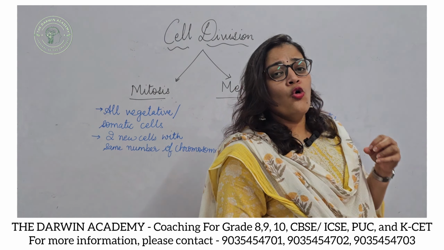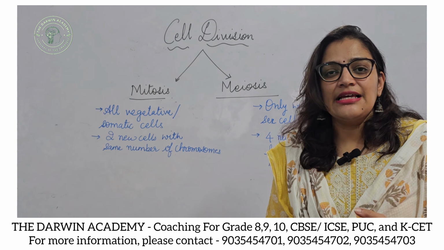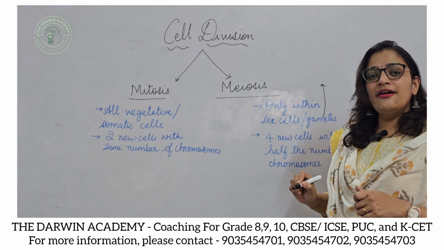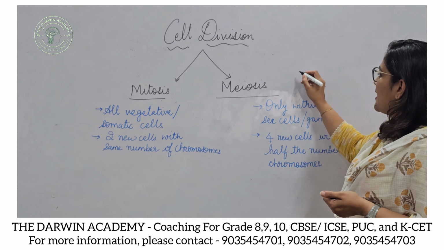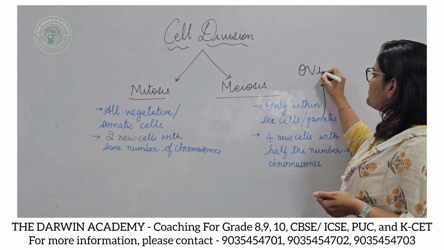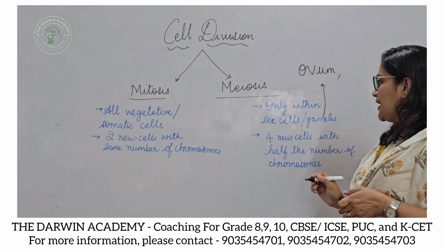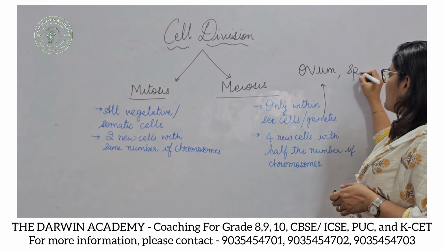Meiosis occurs only within the sex cells or the gametes. So, within a human female, the gamete is called the ovum, and within a human male, the gamete is the sperm.